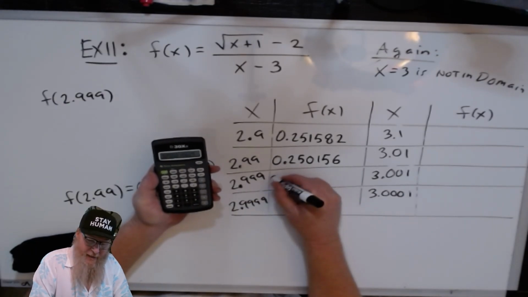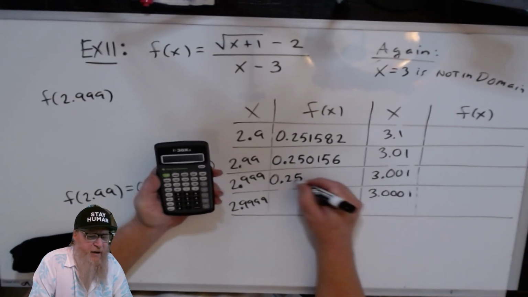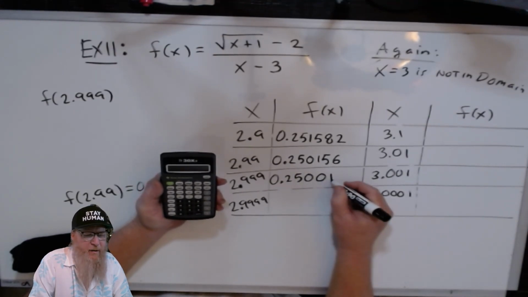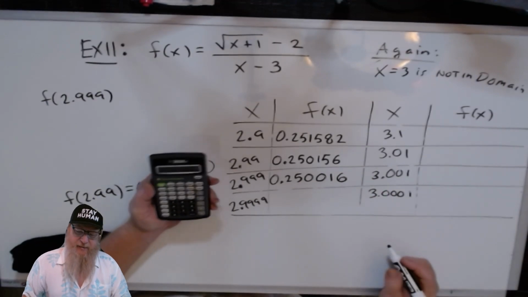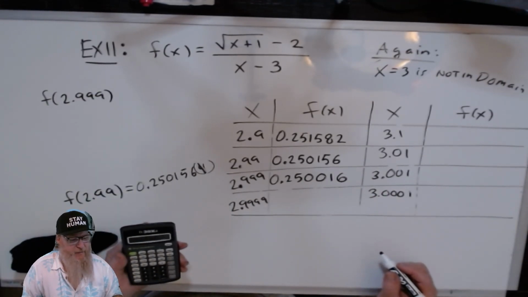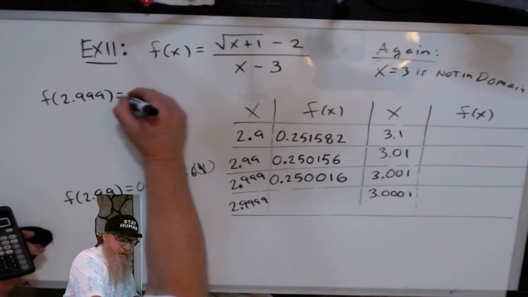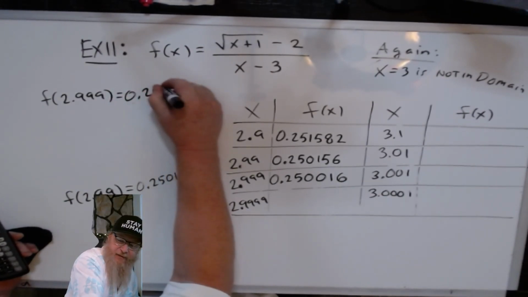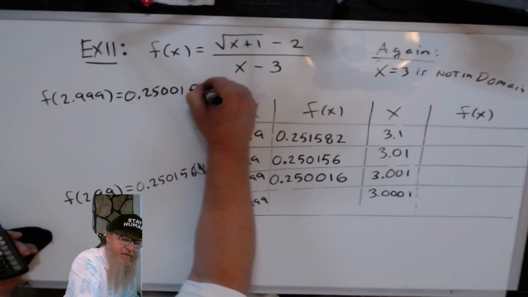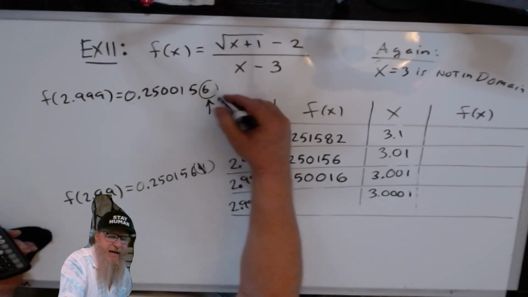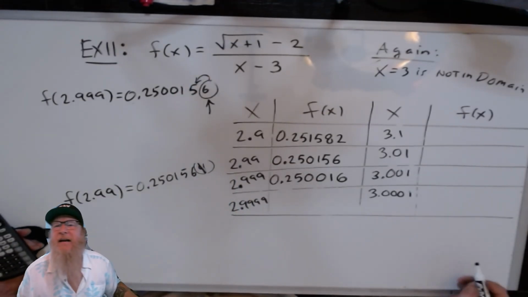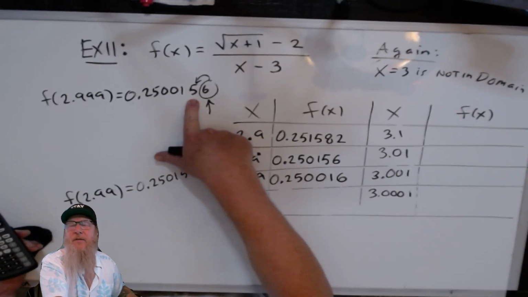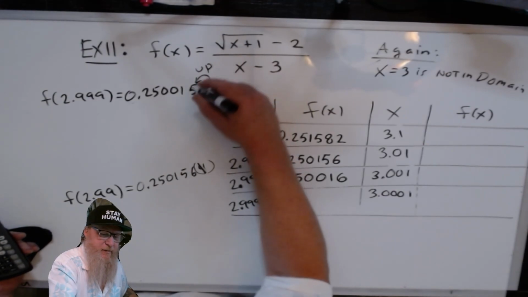Negative divided by negative is a positive. It's actually 0.25000156, but my deciding digit is greater than 5, so I'm rounding it up to 6.